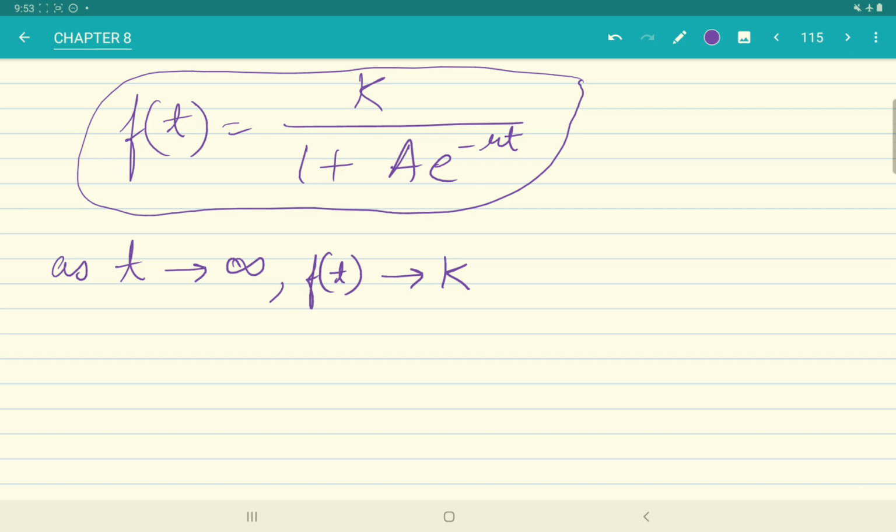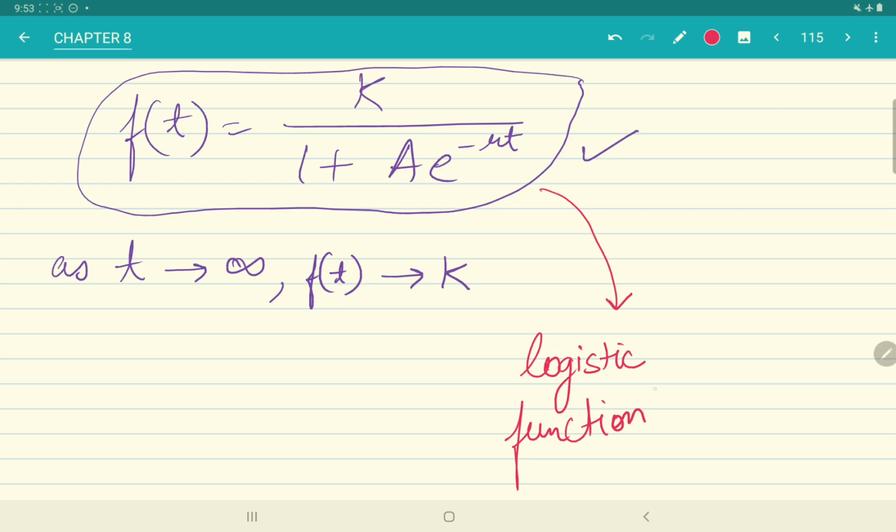Now, if we denote the function in this manner, this function is actually called a logistic function. It's given a special name. It's called a logistic function.